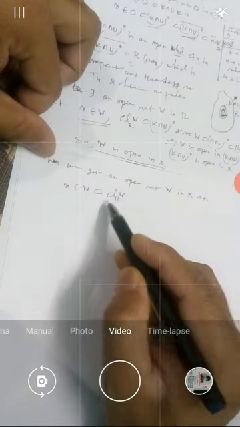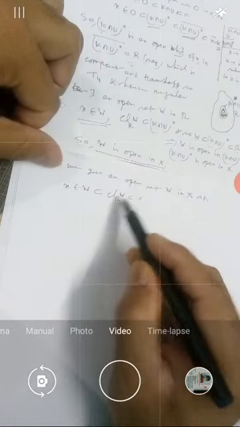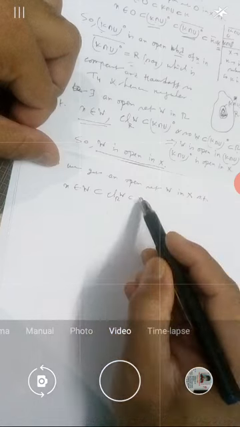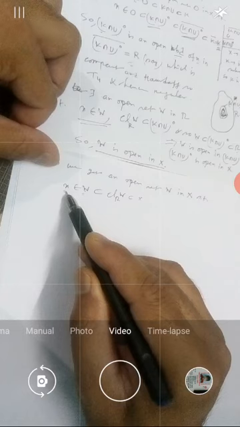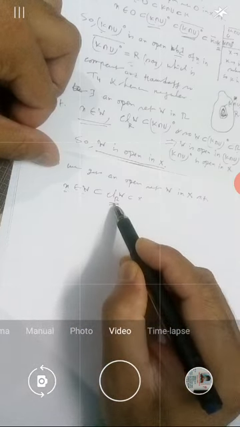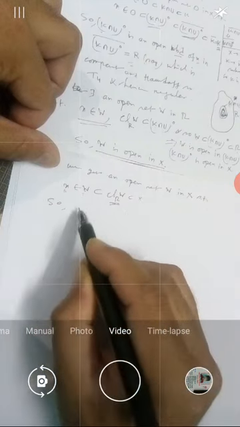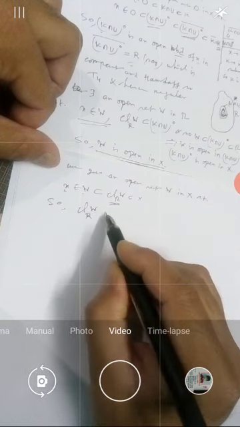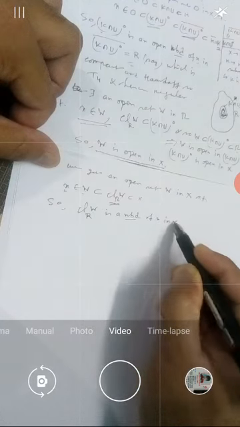So this is a subset of X, because the whole set is X. So this is a subset of X which contains an open set in X, and this open set also contains x. So this is a neighborhood of x in X. So this closure in R of W is a neighborhood of x in X.